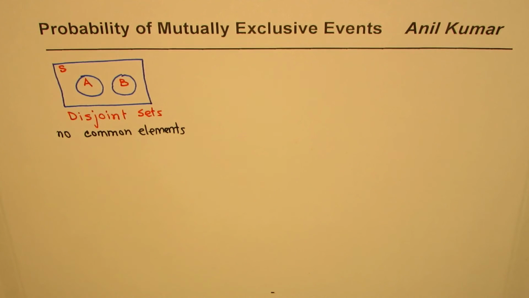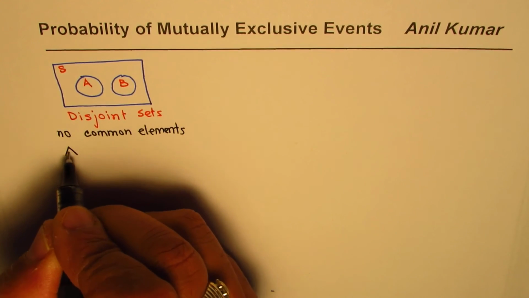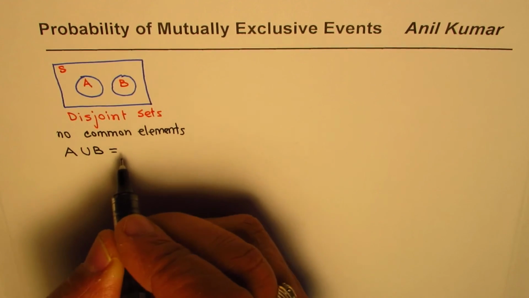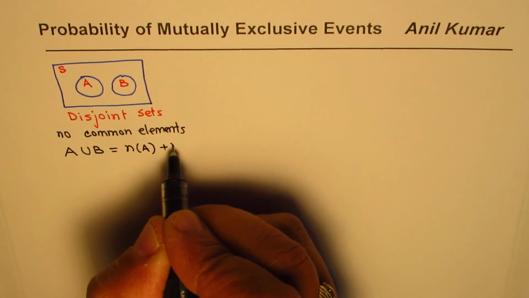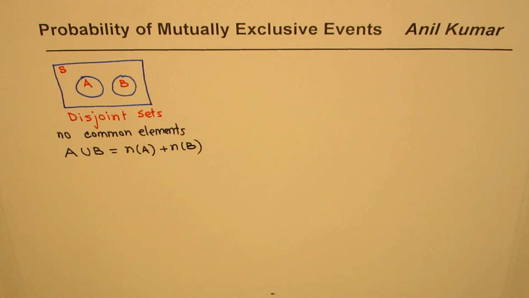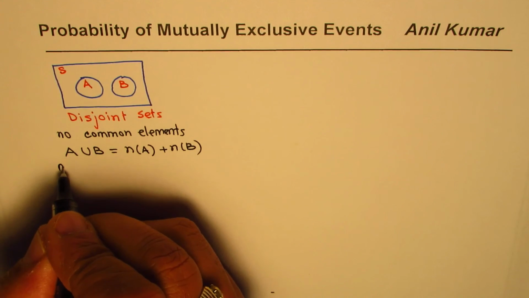So when we have two events where there is nothing common, we find that the union of the two events is equal to the number of elements in A plus the number of elements in B. So if you count the number of elements, we can just add them up. So such events are called mutually exclusive events.